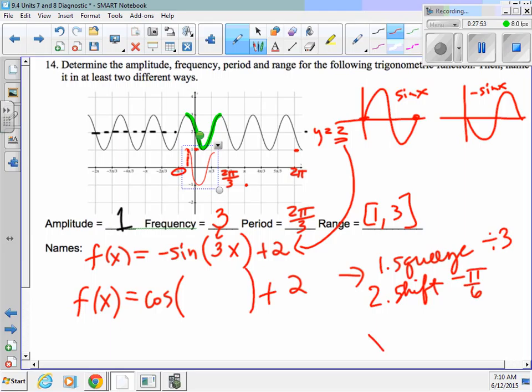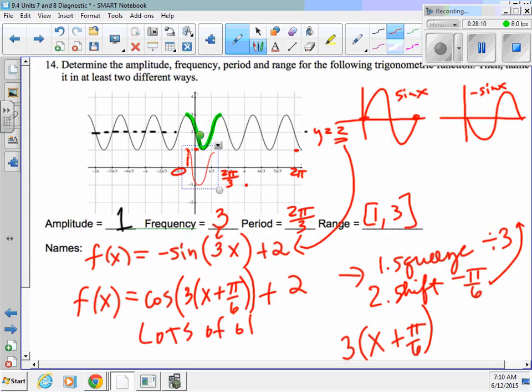I'm going to start by adding pi over 6 first. That's inverting the negative pi over 6. And then instead of dividing by 3, I'm going to take the whole thing and multiply by 3. And that is what goes in the parentheses. And by the way, there are lots of other rules. I'm just going to do 2 of them because we are on a video here. But there are lots of others, but those 2 would work.